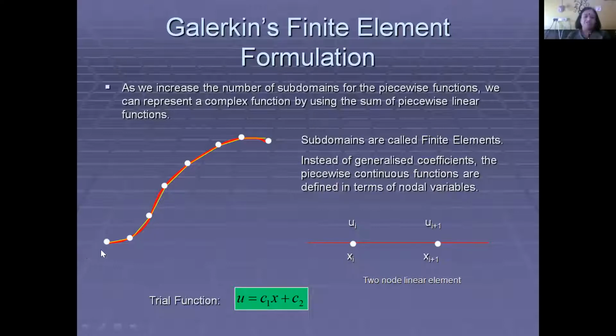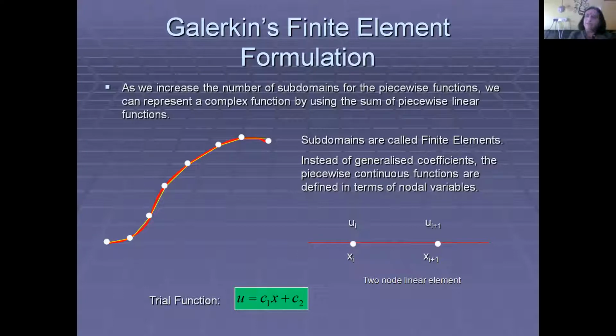Let us imagine that this is the entire boundary of your problem. What you would like to do is find the function which exactly describes this red curve, which is a polynomial. You have no idea about the order of the polynomial. So how are you going to choose the trial function? You have no idea.